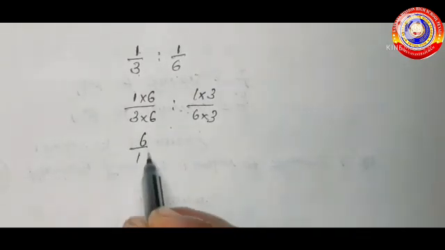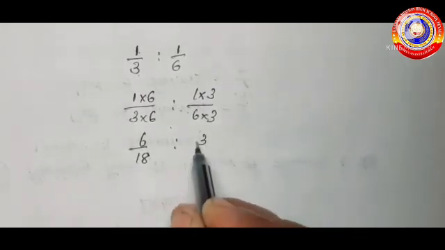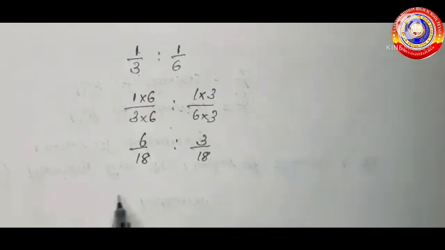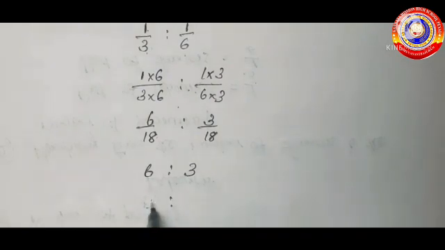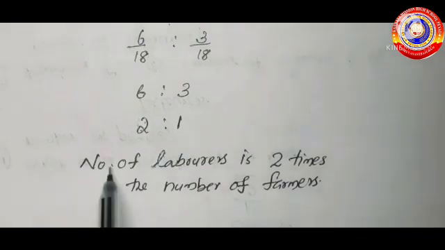Which is equal to 6 by 18 is to 3 by 18. Which is equal to 6 is to 3. We cancel 18 on both sides. 6 is to 3 means we divide by 3. 6 divided by 3 is 2 and 3 divided by 3 is 1. So it becomes 2 is to 1, which means the number of laborers is 2 times the number of farmers.